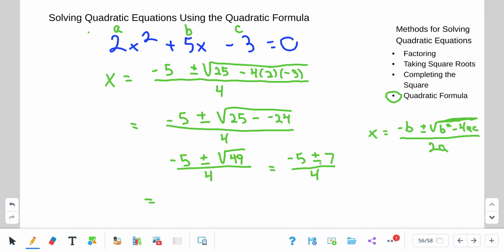This plus or minus means you're going to get two answers, one when you add 7 and one when you subtract 7. So we'll simplify both of those. Negative 5 plus 7 is 2, and that's over 4 from the 4 here. And negative 5 minus 7 is negative 12 over 4. And both of those answers can be simplified. That's 1/2 and negative 3. So there are your answers for that quadratic equation.